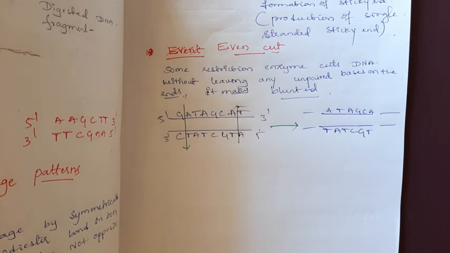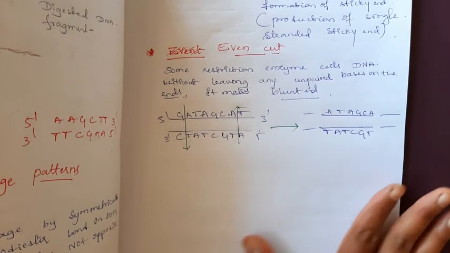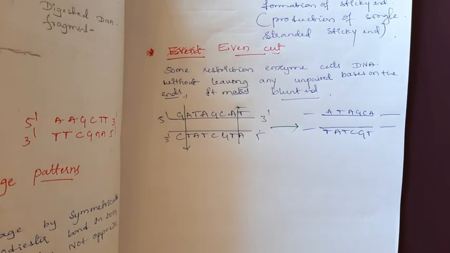It will cut the sugar phosphate backbone. Each restriction endonuclease recognizes specific sequences called palindromic sequences, that we already discussed. Here is the explanation of sticky ends and blunt ends.